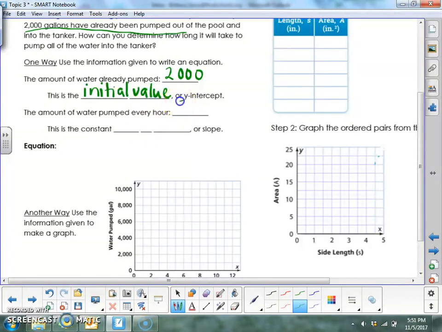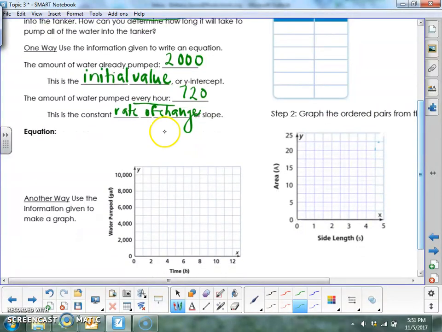So I apologize for not having the picture in there, but this is 720. They had it in the picture that wasn't on your notes. So this is considered your slope because it's happening every hour. It's a constant rate of change, or you guys know it as slope. It's what's happening over time, the same thing.